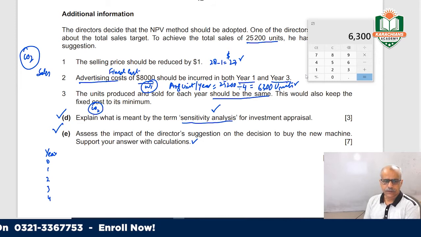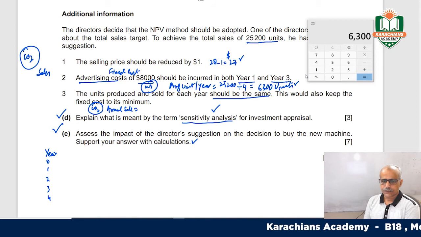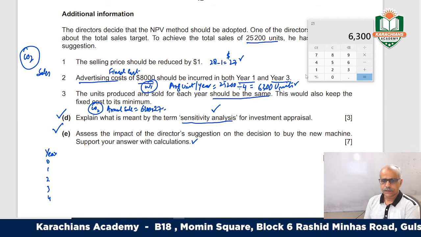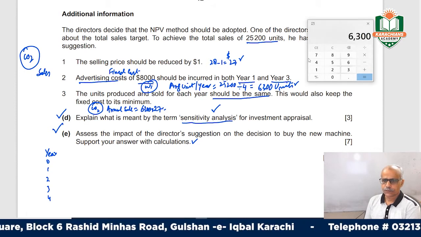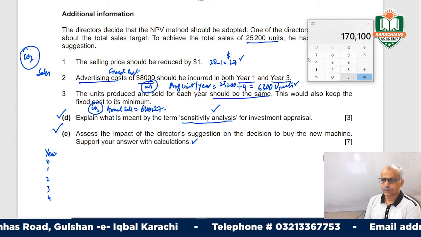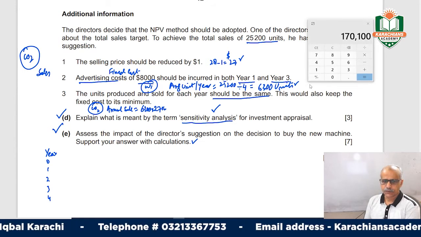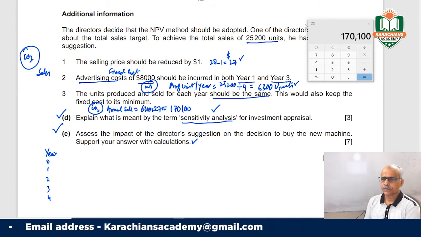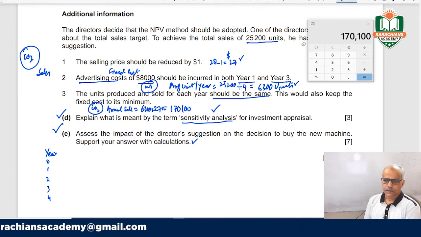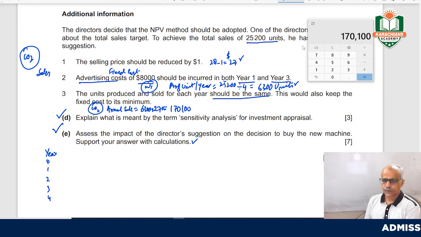So your annual sales will be 6,300 units into 27, the reduced selling price. So you will be earning 170,100, okay. This will be your sales.